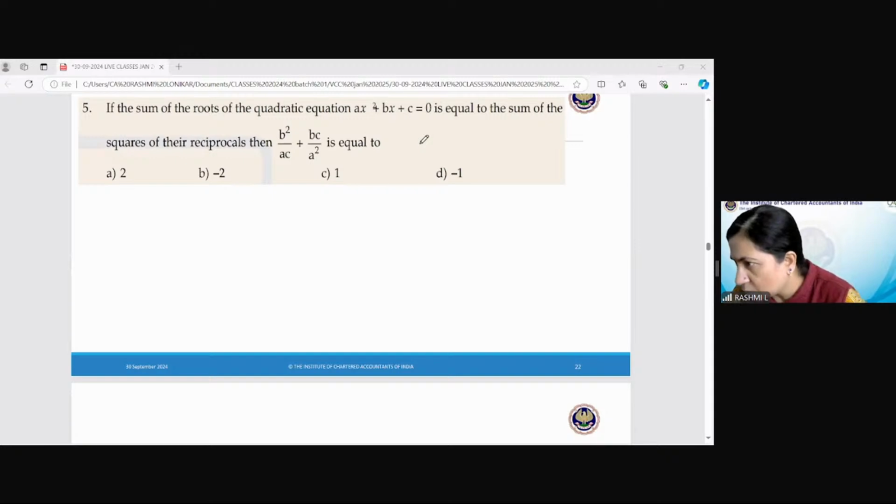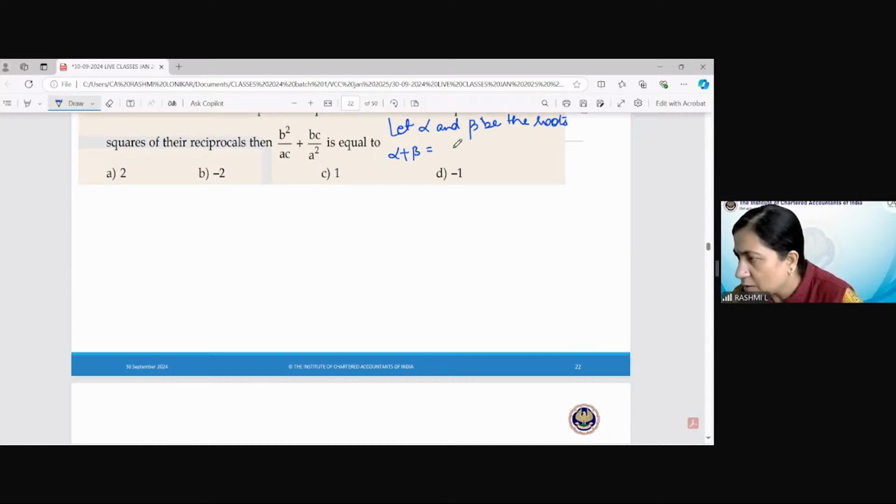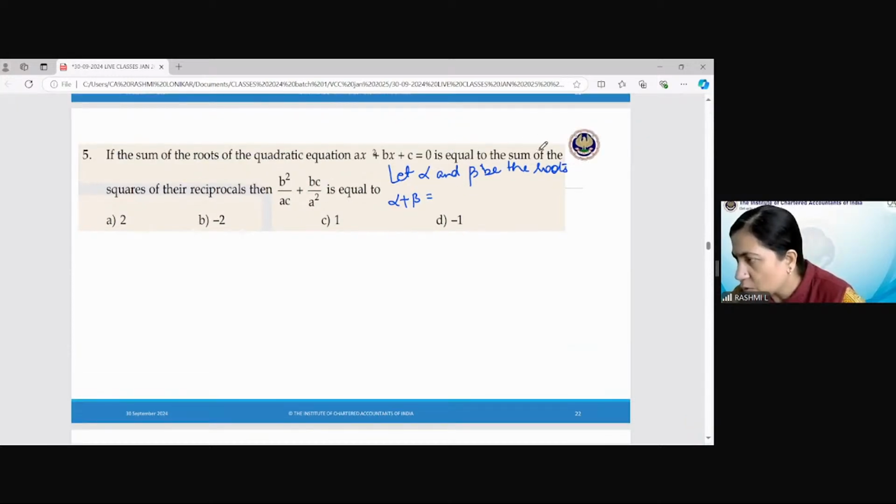We'll say, let alpha and beta be the roots. If the sum of the roots, so alpha plus beta is equal to the sum of the squares of their reciprocal.